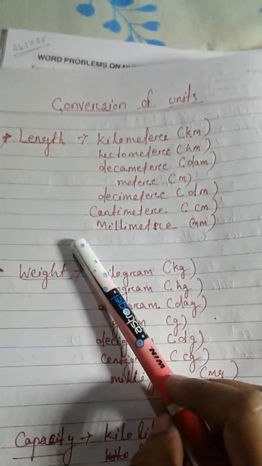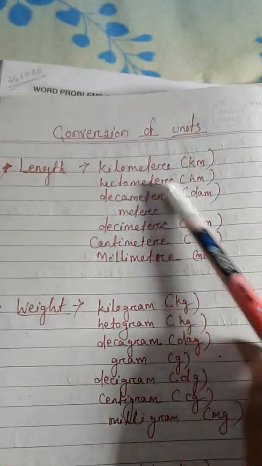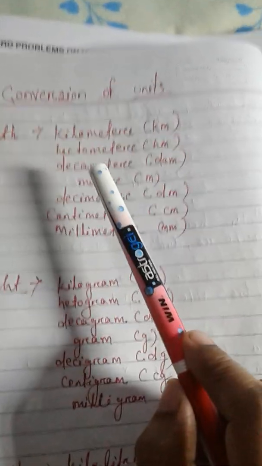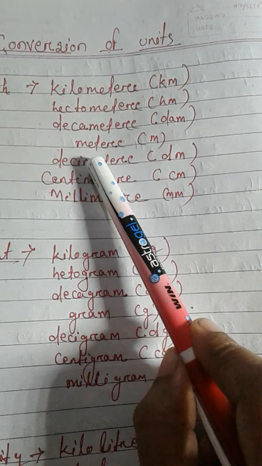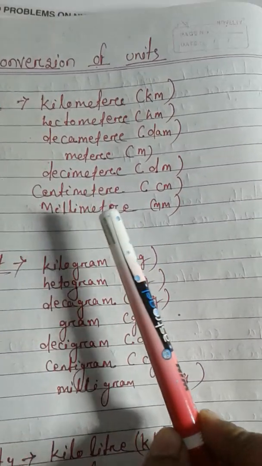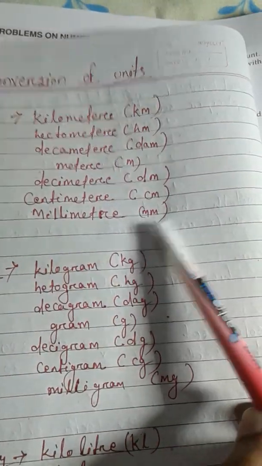First, length. For length, we use these units: kilometer, hectometer, decameter, meter, decimeter, centimeter, millimeter, and these are the short form.